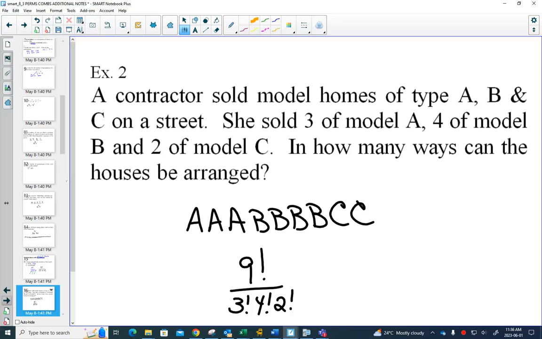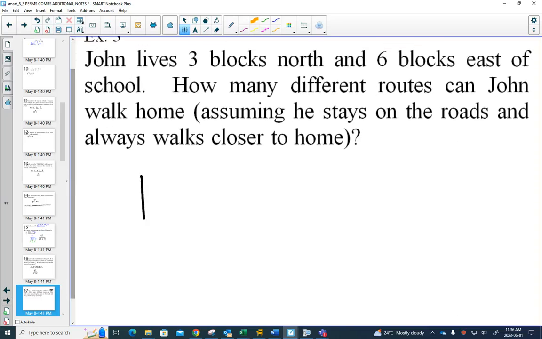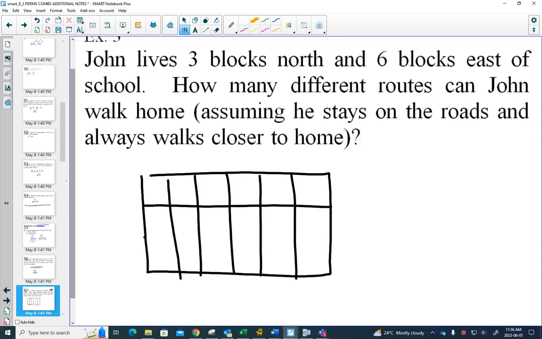So you have to be able to read the question and discern, is there identical objects in this question? Then I do it like a Mississippi question, right? Some of the harder ones, we saw one like this in our notes. John lives 3 blocks. Let's make our city blocks here. John lives 3 blocks north and 6 blocks east.